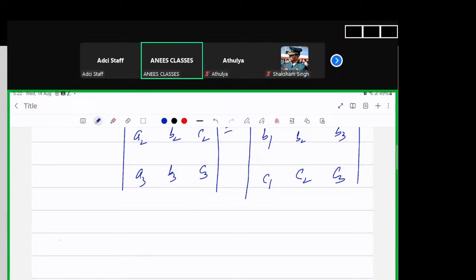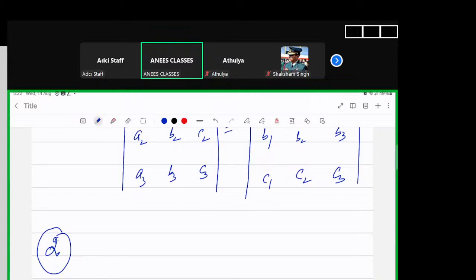Now, property number second. If we interchange any two rows or any two columns, then the sign of the value of the determinant will change.